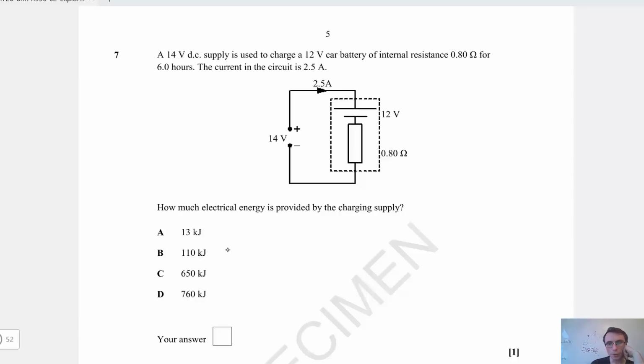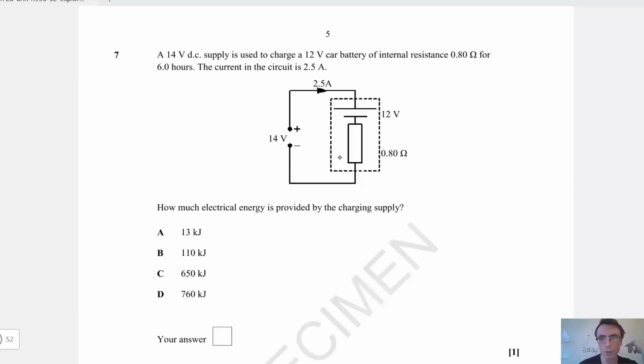Okay, so how are we going to tackle this? I think this question has a trick, because we're getting 14 volts at 2.5 amps. Some of it goes into the charging, some of it is essentially lost through this internal resistor.